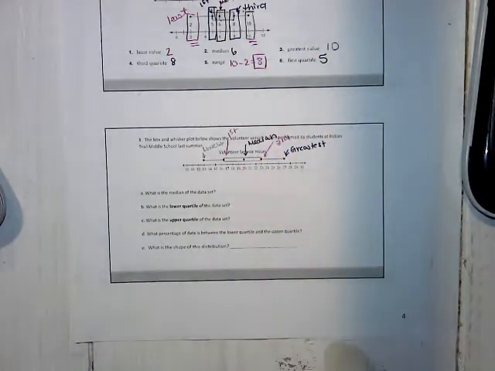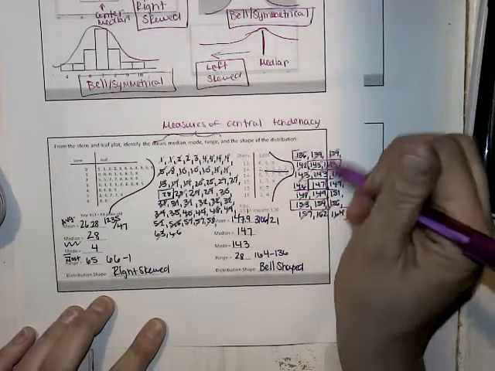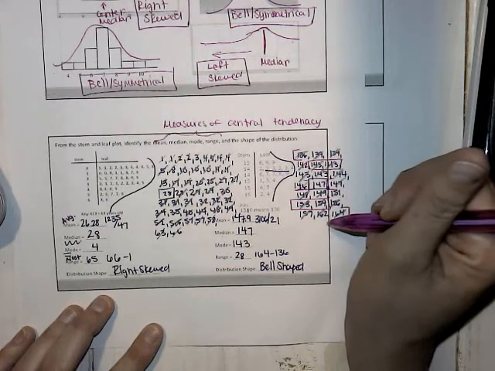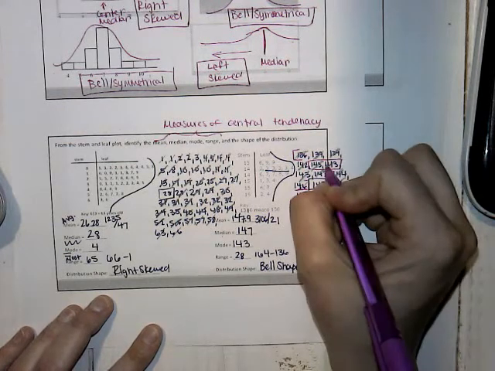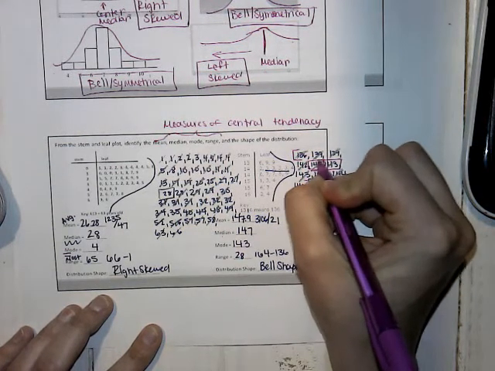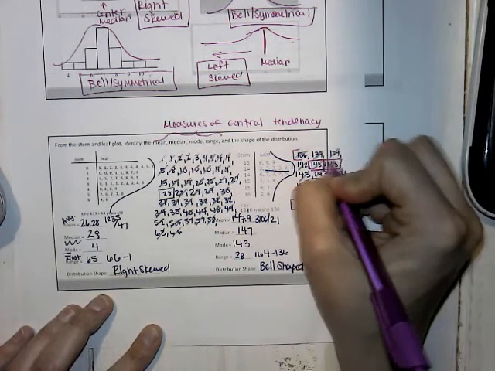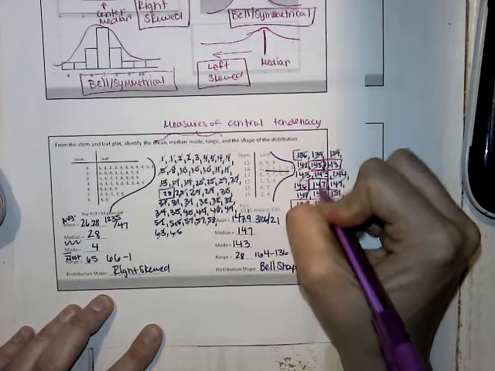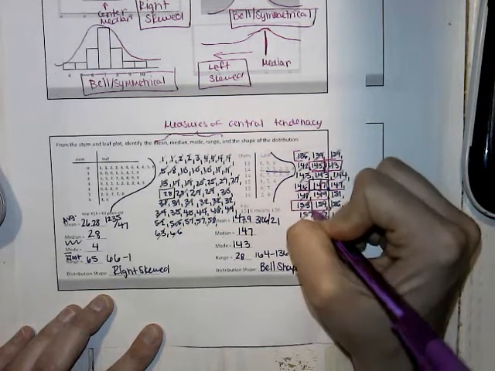One of the things you need to understand is that this data is split into 4 equal pieces, because our middle is here. It has an equal number of data here as it does to here, as it does to here, as it does to here. So it splits it up into 4 equal pieces, which is 25%.